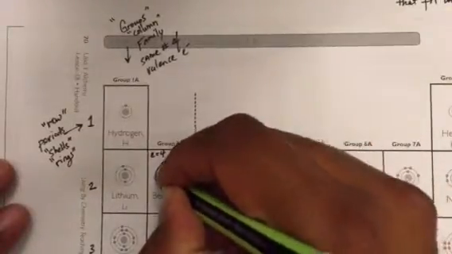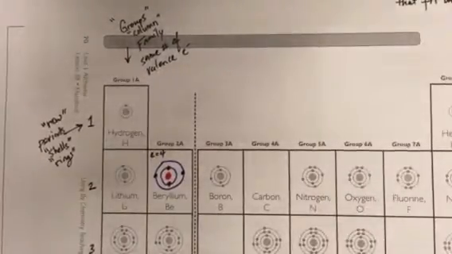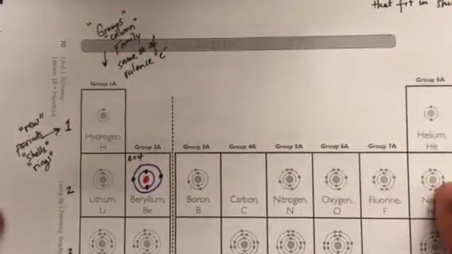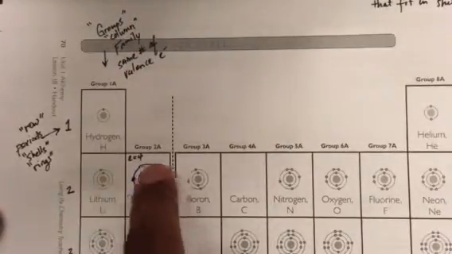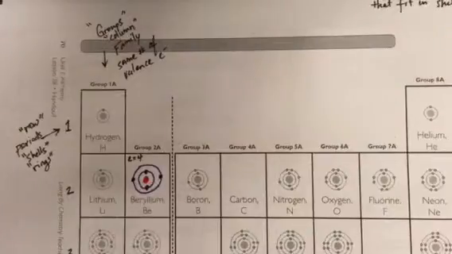So you can just put them right there. Or some people like to put them on the opposite side. And that's pretty much it. Look, it has 2 rings like all the other ones in row 2. The only difference is that this one has 3 electrons total, while this one has 4 electrons.